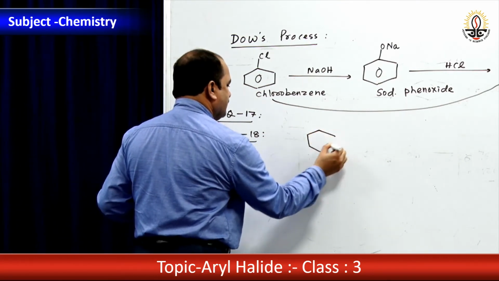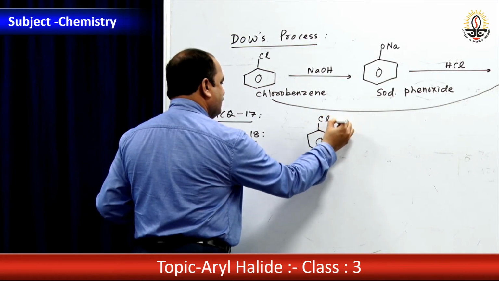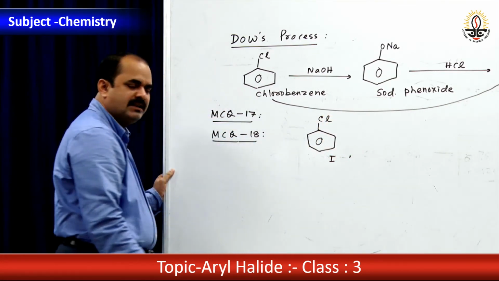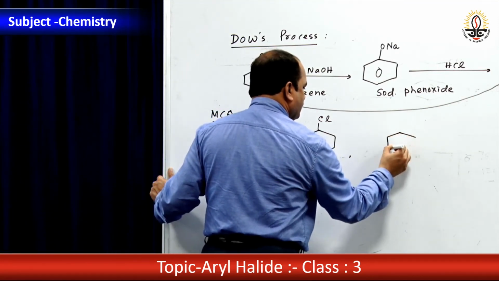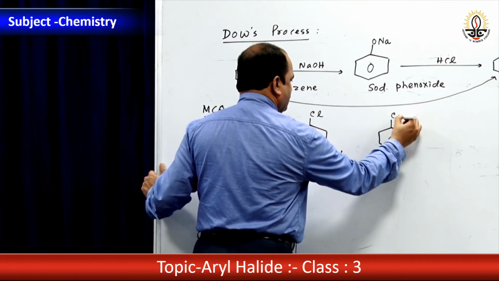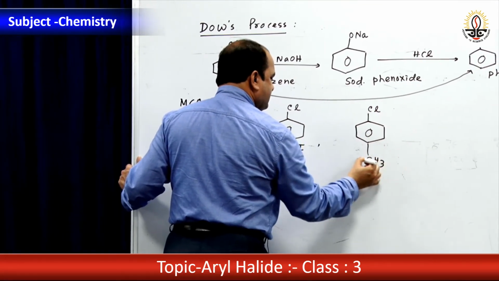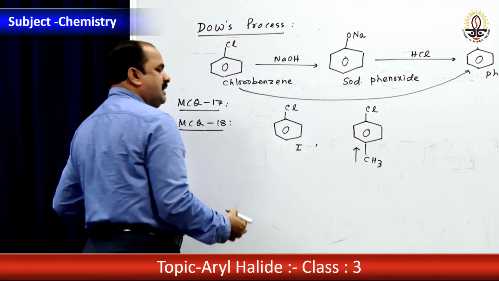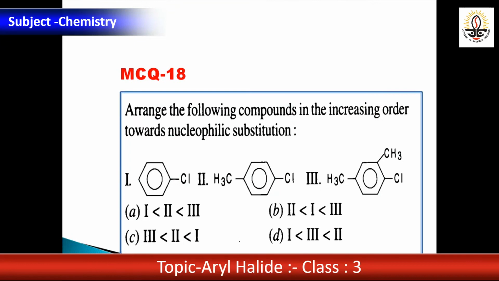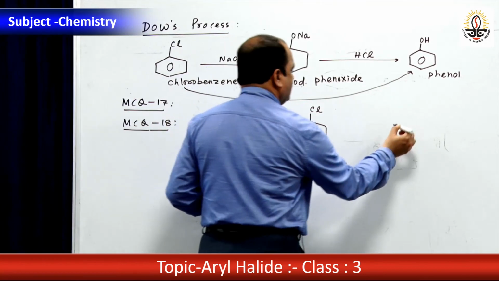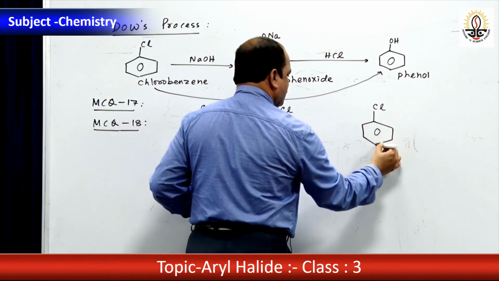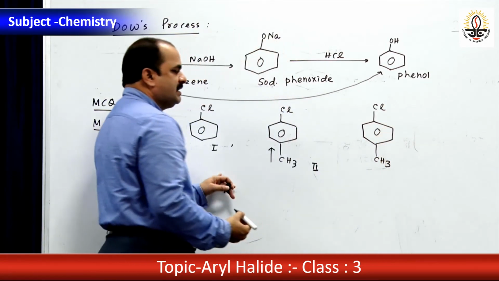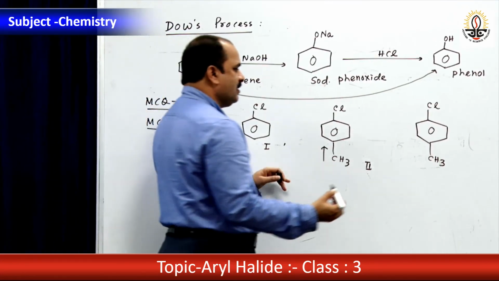One is chlorobenzene, another is methyl chlorobenzene, where methyl is an electron releasing group, ERG, and another is dimethyl chlorobenzene, with one methyl at the para position and another at the ortho position.